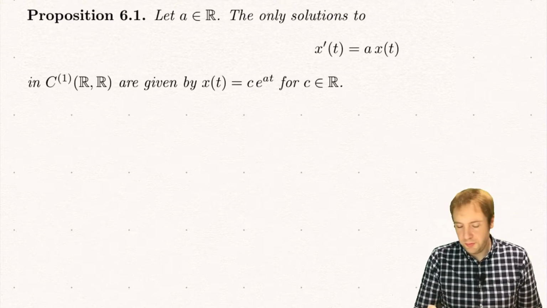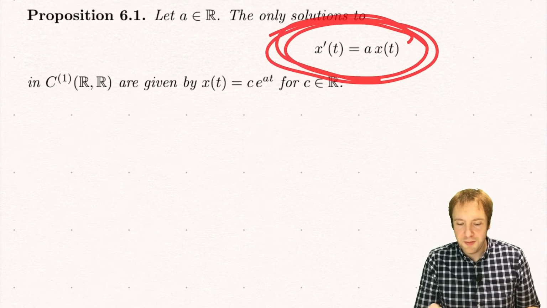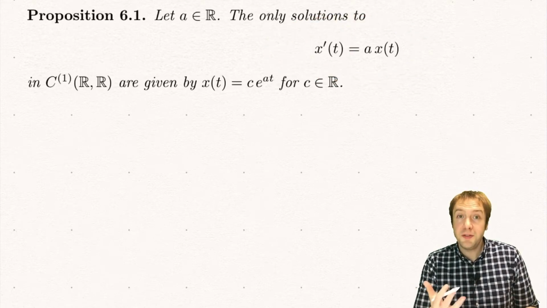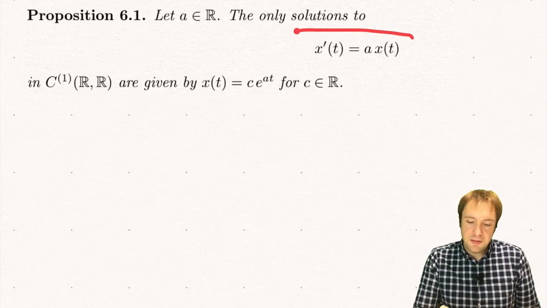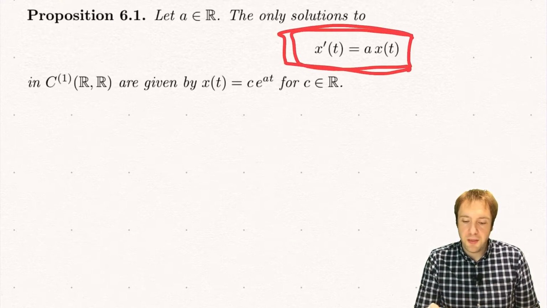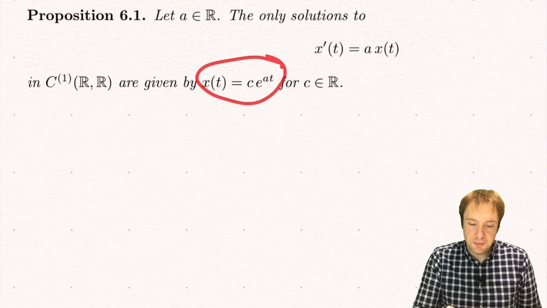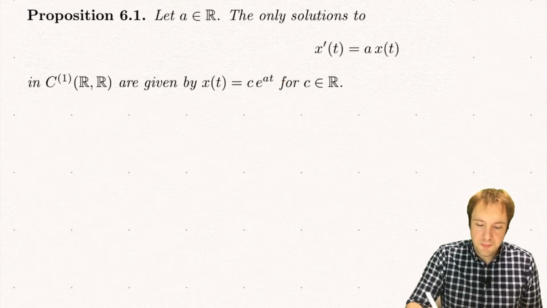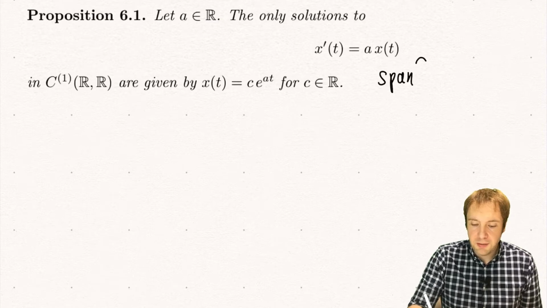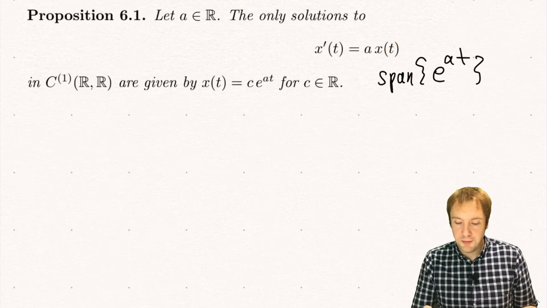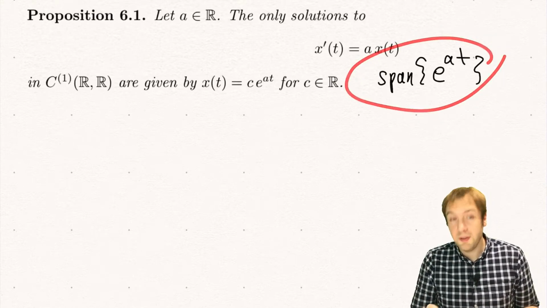So if we use the language of linear algebra, taking the derivative is a linear map, and the question is, what are the eigenvectors of this linear map for the eigenvalue a? Then the solutions are elements in the span of e^(at). So this is the eigenspace of the eigenvalue a.